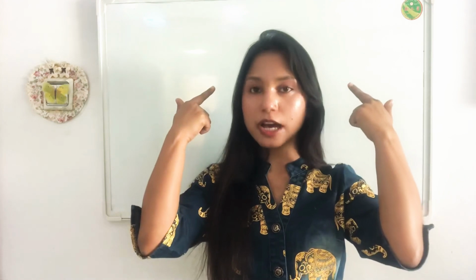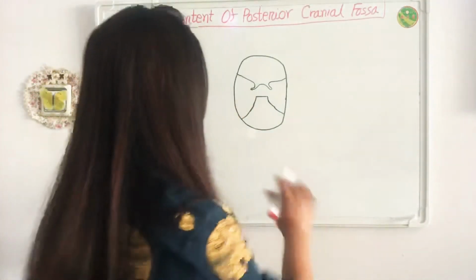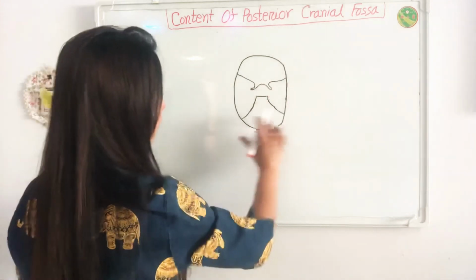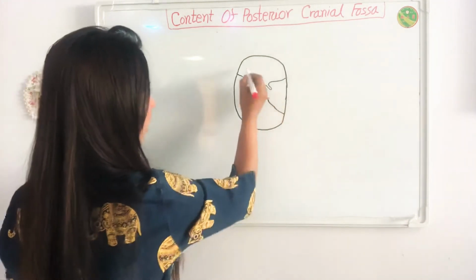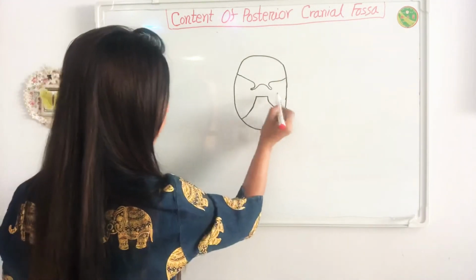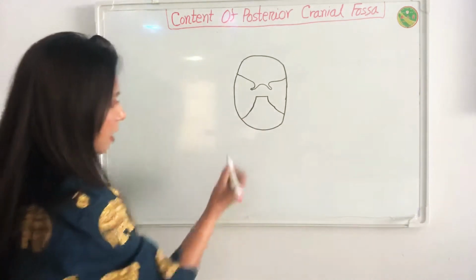In my previous video I already discussed the contents of the anterior cranial fossa and the middle cranial fossa. So today I will talk about the contents of the posterior cranial fossa. So let's begin. Look here, this is the superior view of the base of the skull: anterior cranial fossa, middle cranial fossa and posterior cranial fossa.